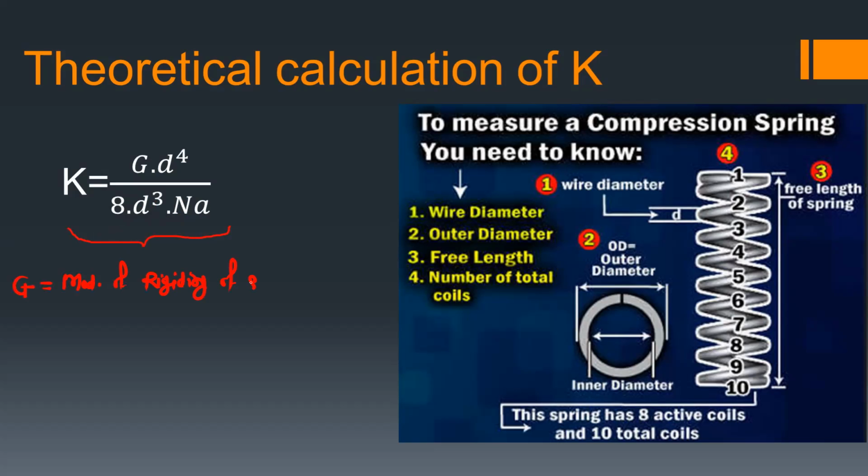For this spring material. Then the Na value is the number of active coils.